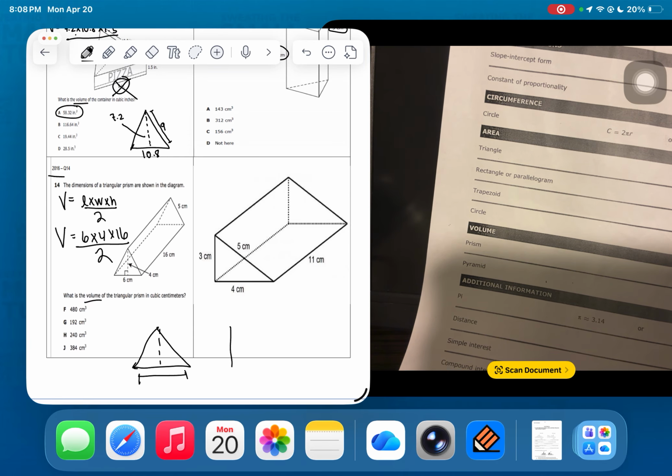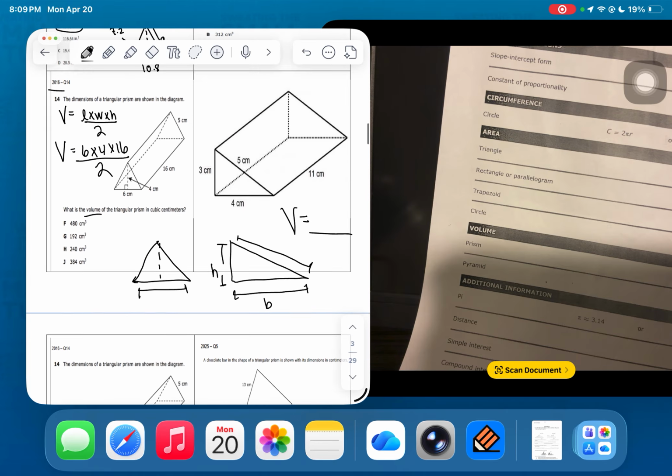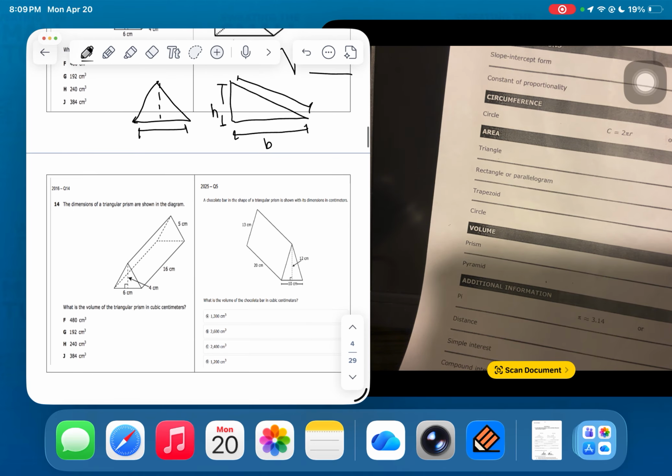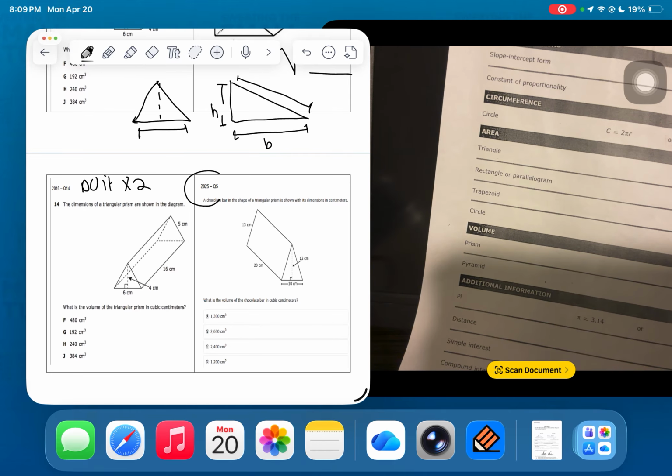If you have a right triangle, we need the base and we need the height. We don't need this side length. So I already gave you a hint. And then once you get rid of that, find the volume, because it doesn't say here. Okay? And then you do... I think I repeated this one. Well, do it again. And then this one.